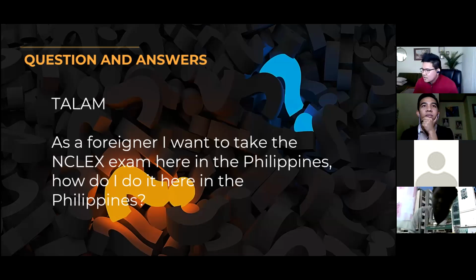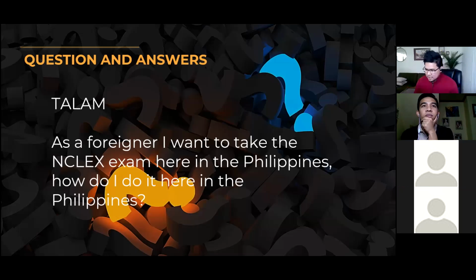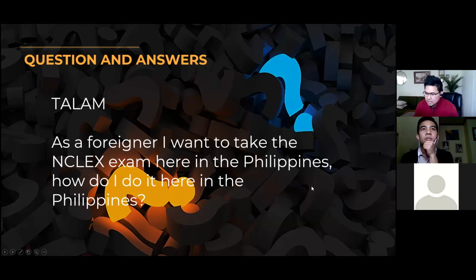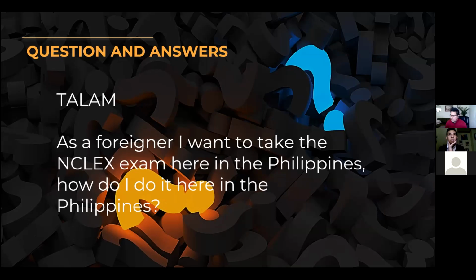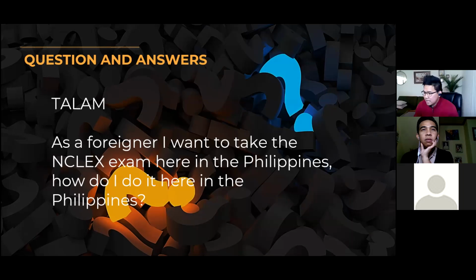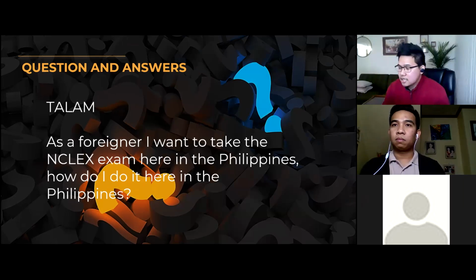Okay, how do you do it? I cannot give you exact advice because I did my processing while working in Germany. But if you're in the Philippines, you could do the processing online, because I did mine with the New York State Board of Nursing purely online.